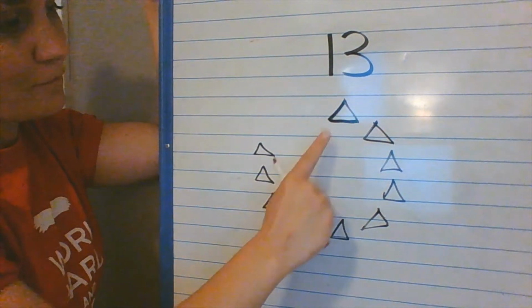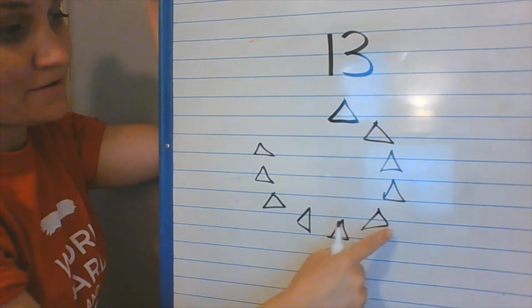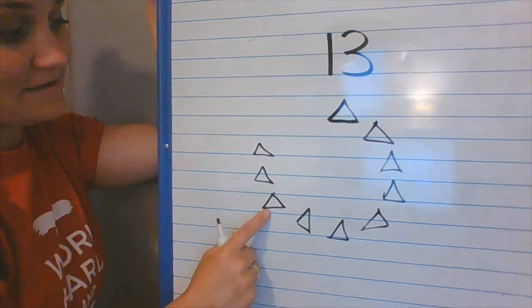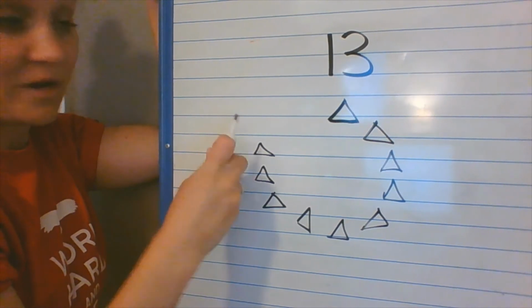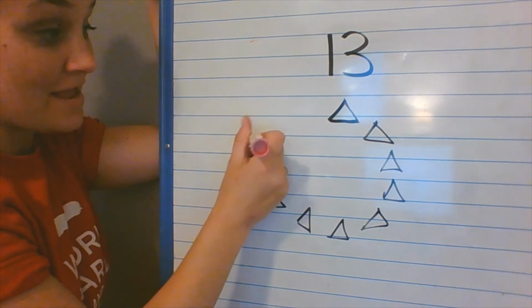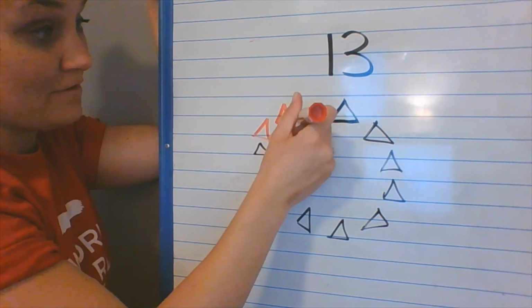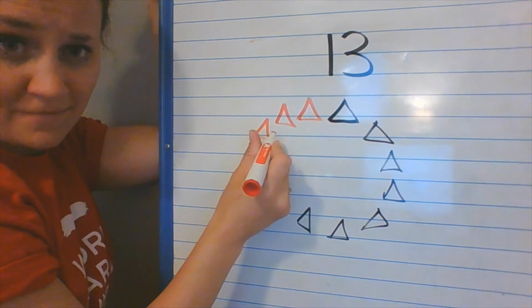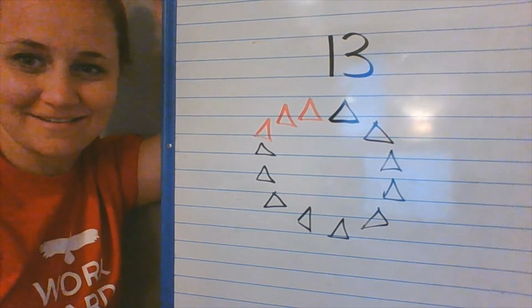Ready? 1, 2, 3, 4, 5, 6, 7, 8, 9, 10. You pick up your pencil. What comes after 10? 11, 12, 13. Should I stop? Okay, I got to 13 triangles.